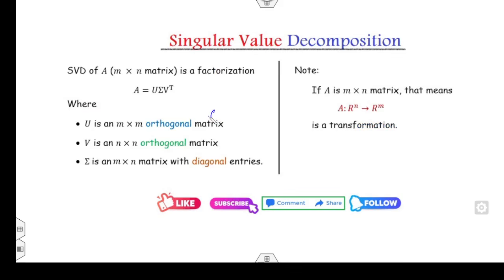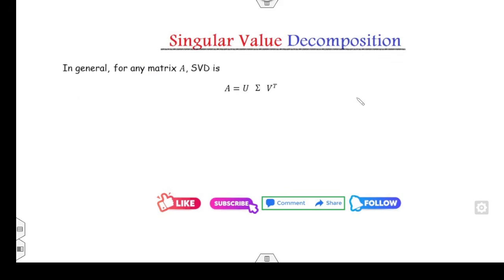Whenever we talk about an m cross n matrix, we are calling A a transformation, where n is the number of columns and m is the number of rows. Let's start with this.